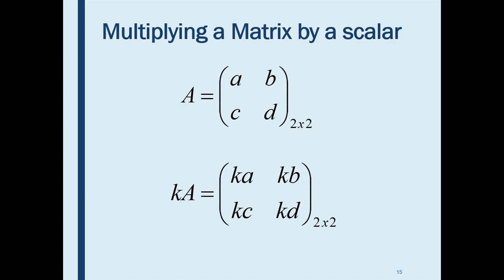So what is the answer for kA? That is a matrix which has the elements multiplied with the constant k. So the answer is as given here, kA equals the matrix in which all the elements have been multiplied with the constant value k.